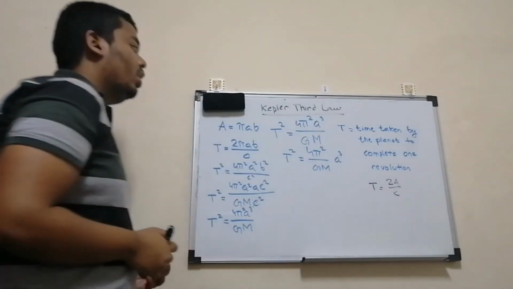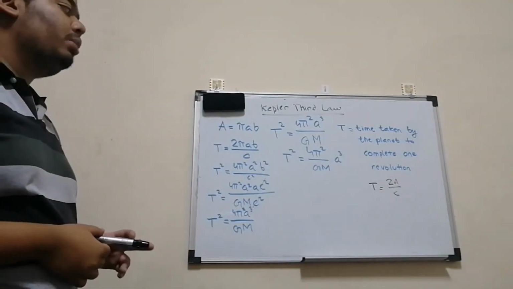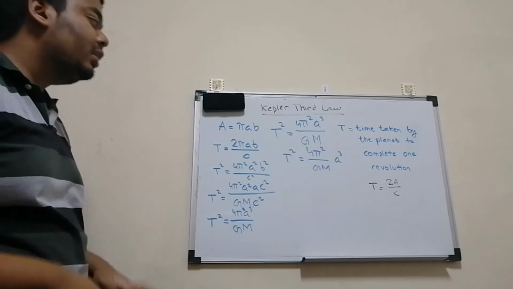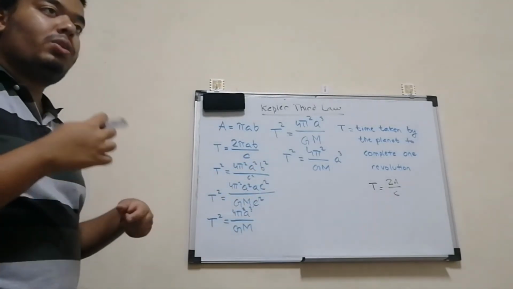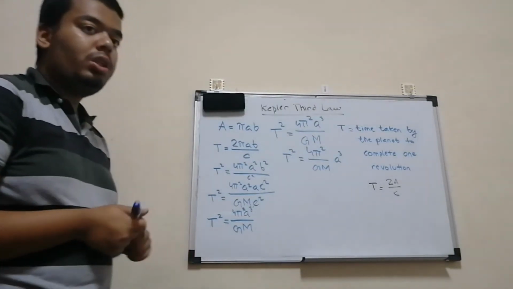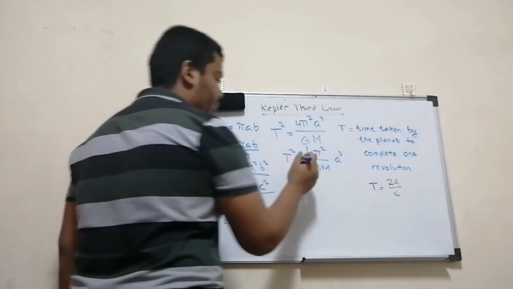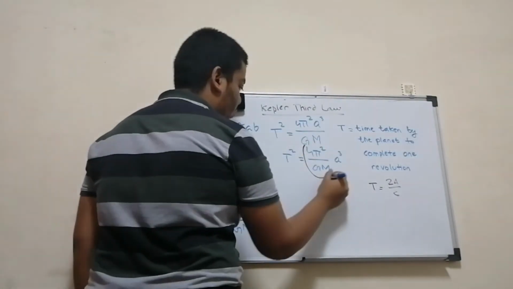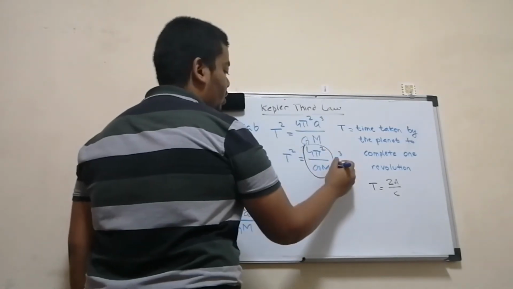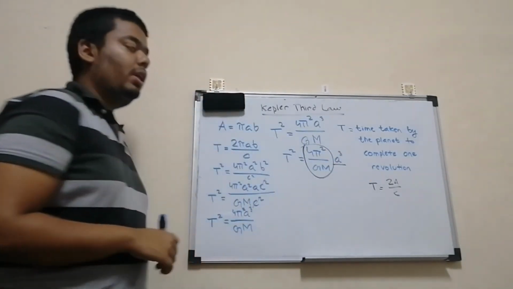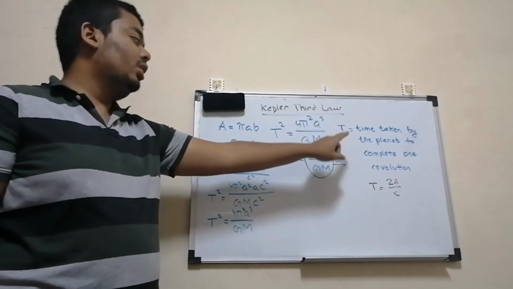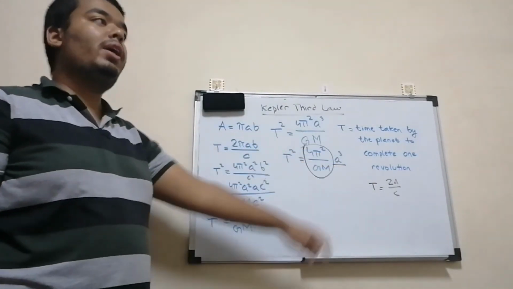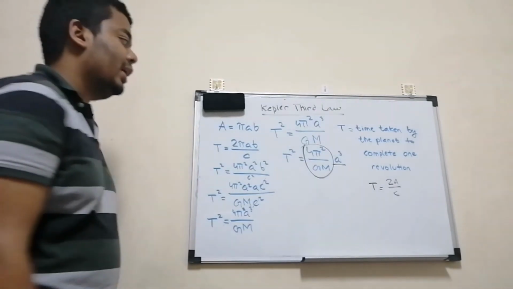So the third law of Kepler's planetary motion is very clear. It says that the square of the time taken for the planet to complete one whole revolution is in fact proportional to the cube of the semi-major axis.